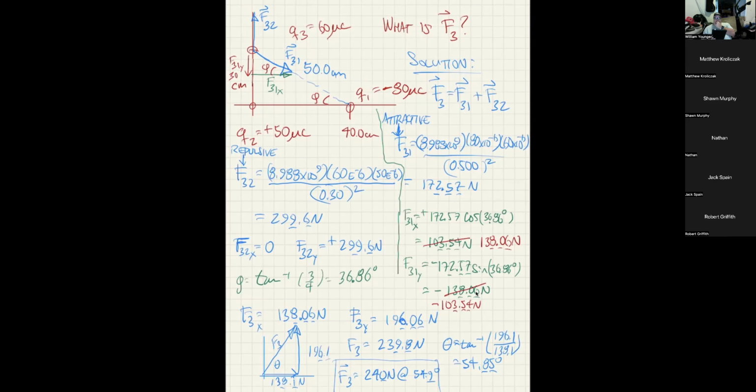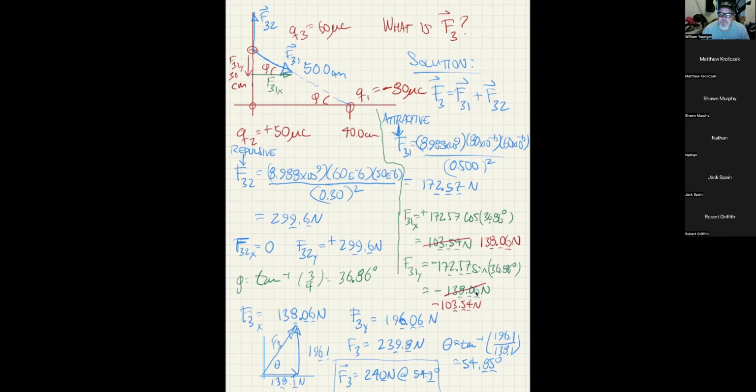Hold on, you were breaking up for a second there. Can you repeat what you just said? Yeah. Okay. So looking back at the problem we just finished solving, that's what I've got on the screen right now. You can imagine where Q3 is up there at the point 0.30 centimeters. Forget about Q3 for a second and compute the electric field at that location due to Q2.